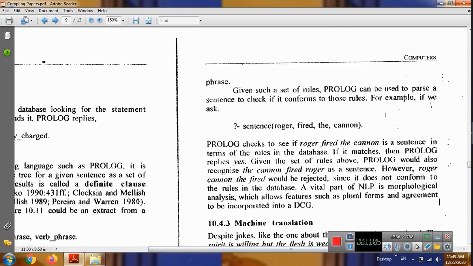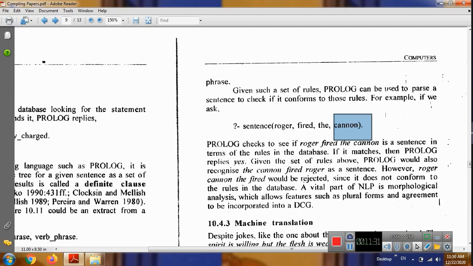Given such a set of rules, Prolog can be used to parse a sentence to check if it conforms to those rules. For example, if we ask sentence, Roger fired the cannon, followed by a question mark, Prolog checks to see if "Roger fired the cannon" is a sentence in terms of the rules in the database.